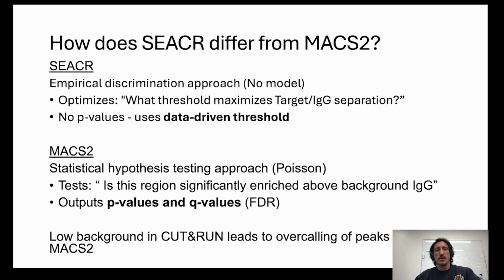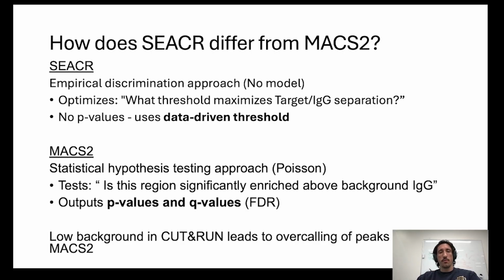So Seeker takes a more empirical approach. It looks at your actual data and asks, what's the cutoff that gives me the best discrimination between the target and your control? There are no assumptions, there are no statistical models, there's just optimization based on what you actually measured. On the other hand, you have Max 2, and this program uses a lot of statistics.